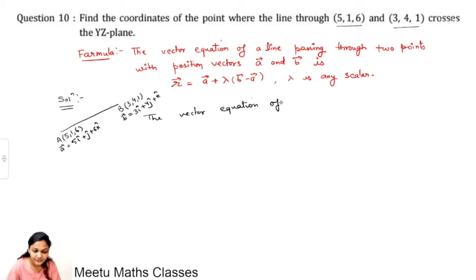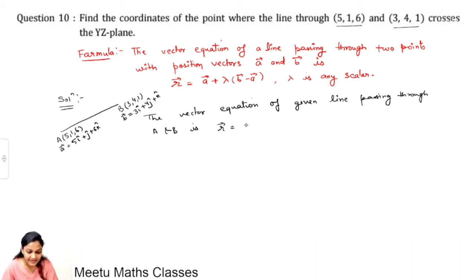of the given line passing through A and B is r equals A, that is 5i plus j plus 6k, plus lambda times (B minus A).